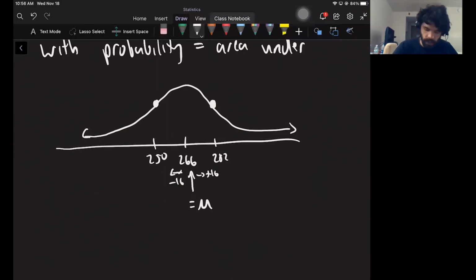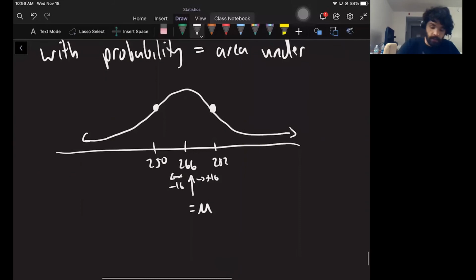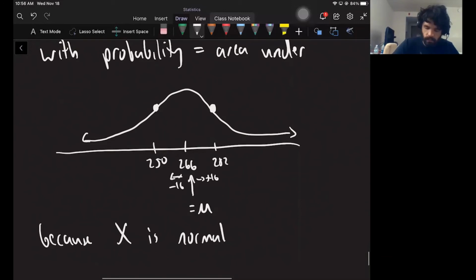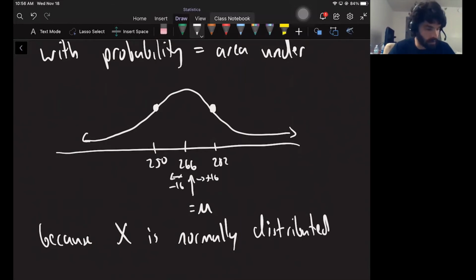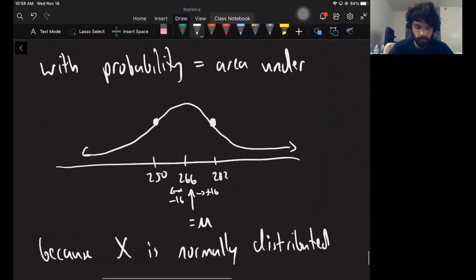And here I'm just adding and subtracting standard deviations. And this is all because in the problem we're starting with the fact that X is normally distributed. The problem tells us at the beginning that the length of human pregnancy is normally distributed. So that's why I can say all this stuff here.